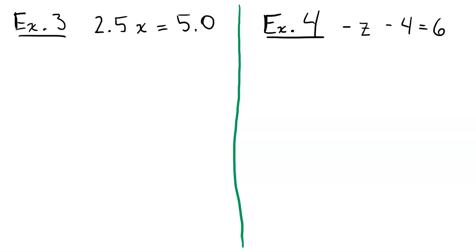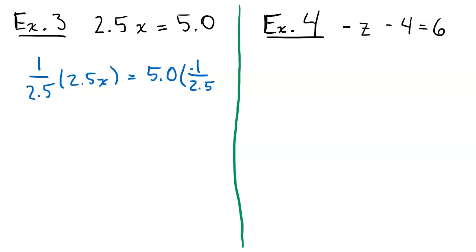Okay, so on the left-hand side, don't be afraid of decimal places. We do the exact same thing. When we want to get rid of this 2.5, we just multiply both sides by 1/2.5. On the right-hand side, we have 5.0 times 1/2.5.